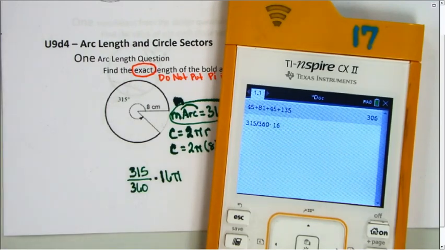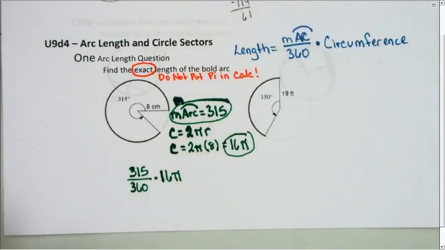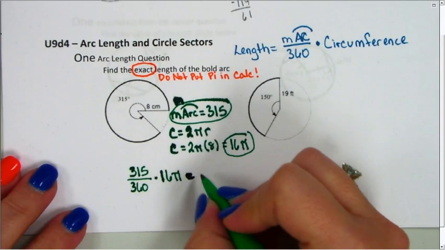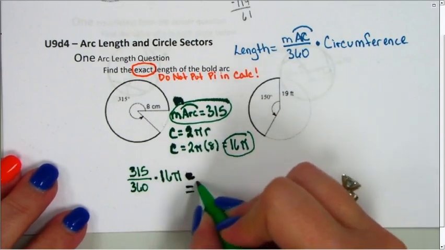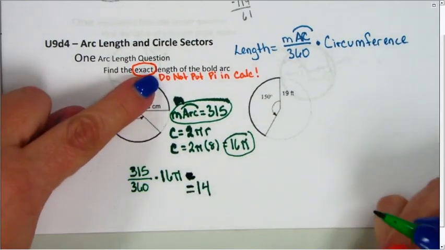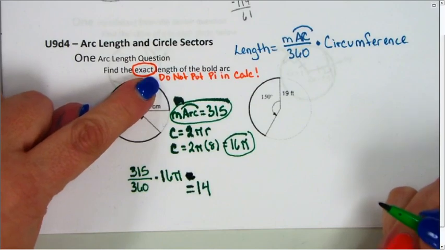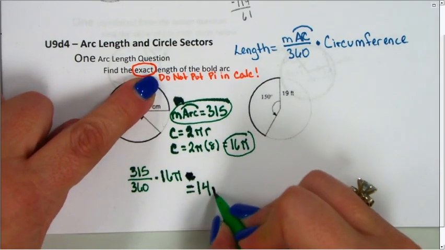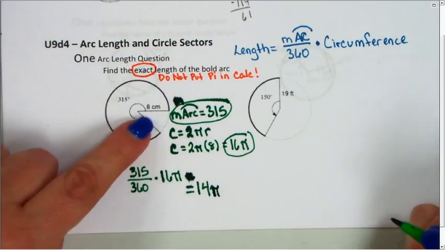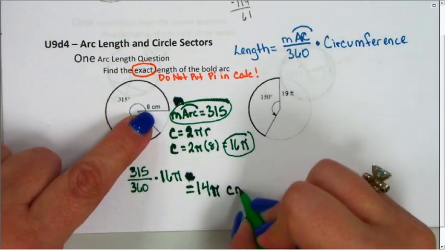I am not going to put the pi in the calculator. I get an answer of 14. Equals 14. Now, since I did not put the pi in the calculator, it's still part of the problem, which means it gets written right there, and then my units will go on the end.